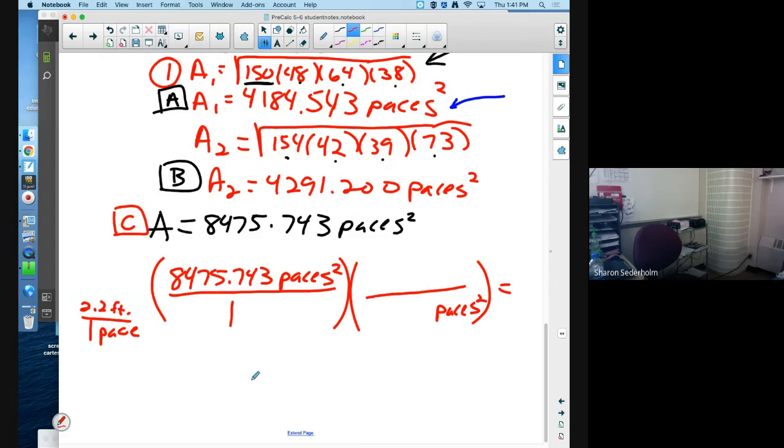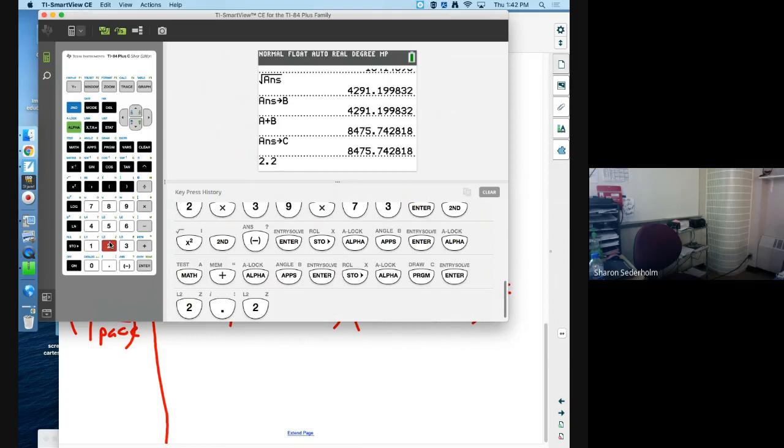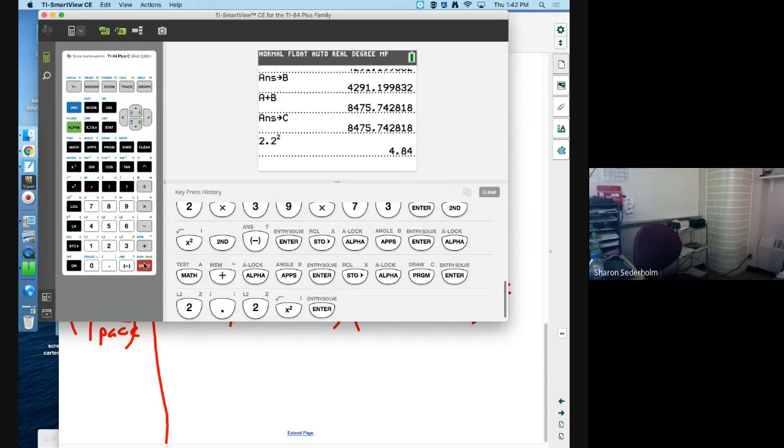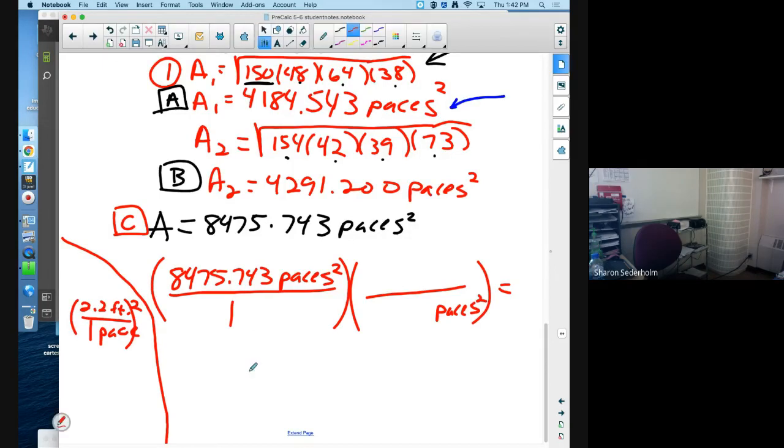But I need square paces. So I'm going to have to square this so I can use it for my conversion. This is just work I'm doing off to the side here. So we need 2.2 squared, and that's 4.84 square feet. And 1 times 1 is 1.